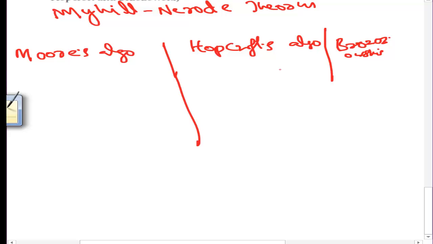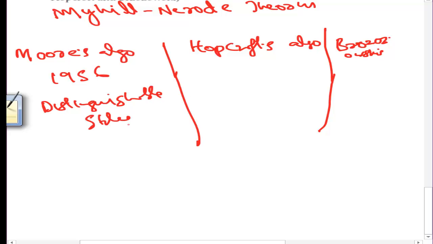Now this Edward Moore algorithm was done in 1956, okay, and this aims to find pairs of distinguishable states. This is what we will discuss in this lecture.